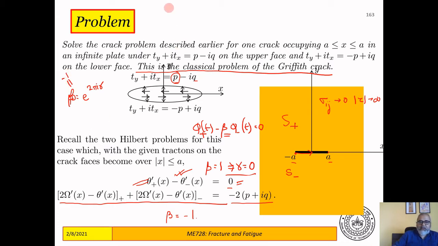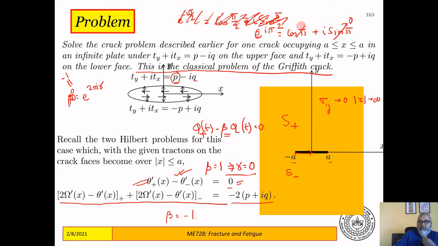So when is beta minus 1? We have e to the power i pi equal to cos pi plus i sin pi, which is equal to minus 1.